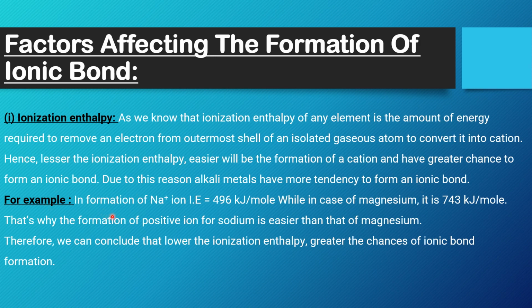For example, I have given the best example here: in the formation of the sodium Na+ ion, while in the case of magnesium, the ionization enthalpy of sodium is 496 kJ per mole. In the case of magnesium, it is 743 kJ per mole.